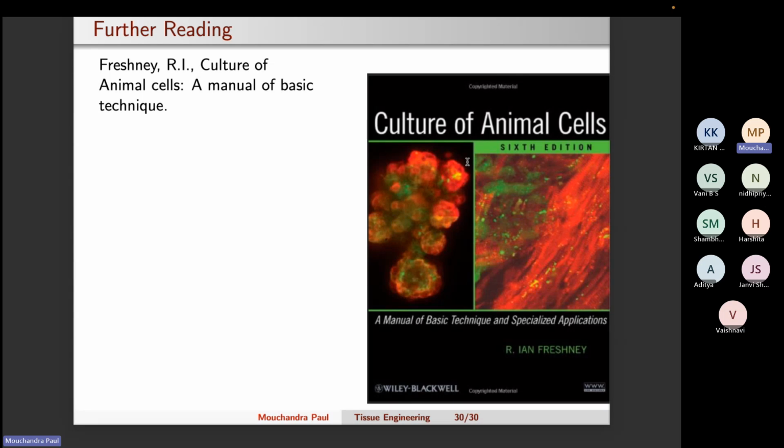Everything you can find in more detail in this book, if any of you are going for in vitro cell culture work.